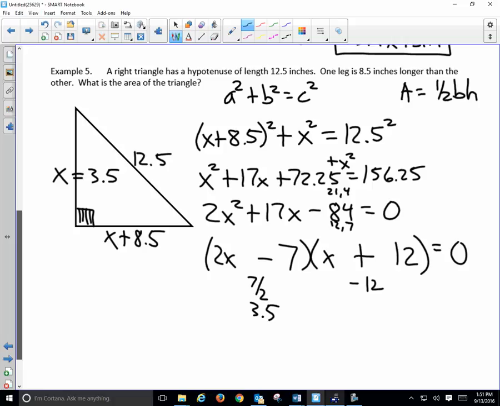So what's the length of this side? 12. So therefore, area is equal to 1/2 times the base, 12, times the height, 3.5, or 6 times 3.5 equals 21.